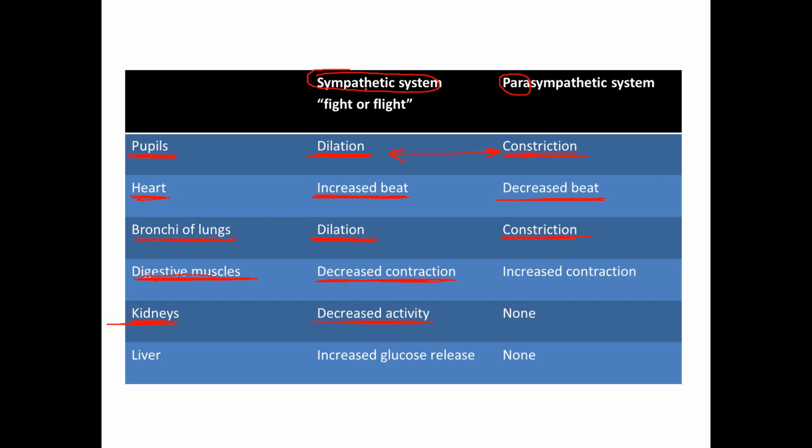Now that's not just a coincidence. It's because the drug itself acts and stimulates the sympathetic nervous system. So drugs that stimulate the sympathetic nervous system will cause these reactions. So for instance, you can see why a drug that might be used to increase your heartbeat might cause constipation, because it increases the beat of the heart, but it also decreases contraction of the digestive muscles.